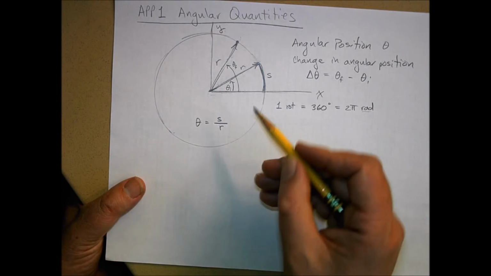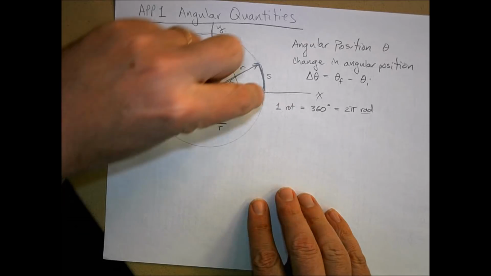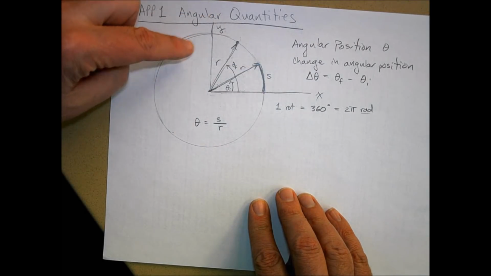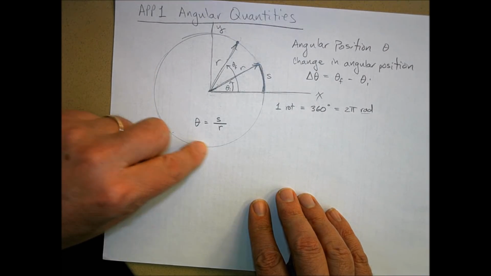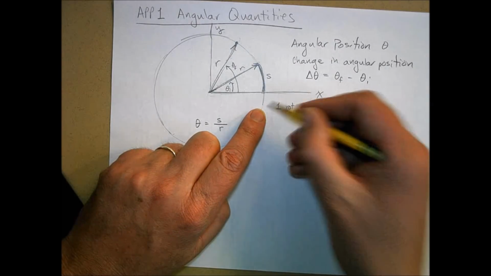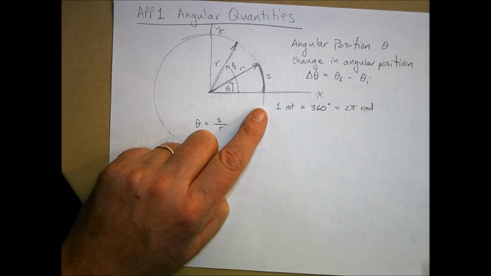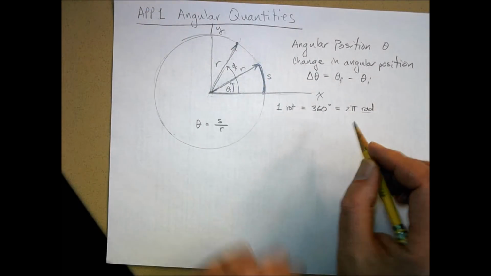And I think you know that it's just a property of our universe, that if you take the radius of a circle and you count how many times you wrap it around, you go 1, 2, 3, 4, 5, 6, with a little bit left over, like a quarter of a radius left over about. Well, it turns out that 1, 2, 3, 4, 5, 6, and a little bit more is equal to 2 pi.